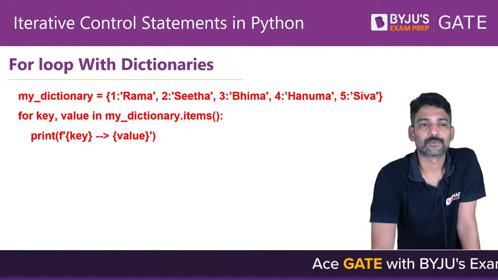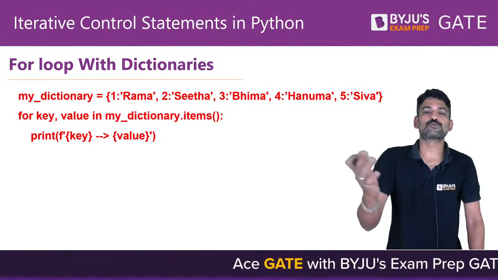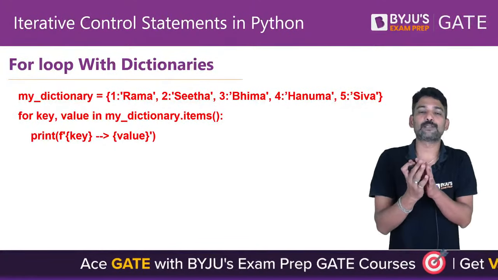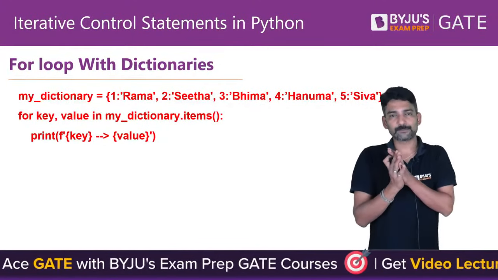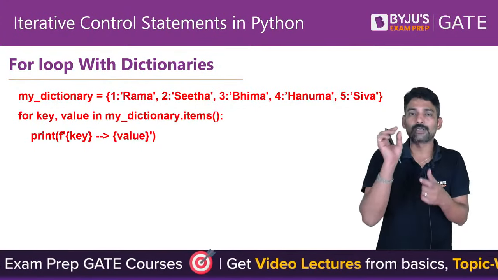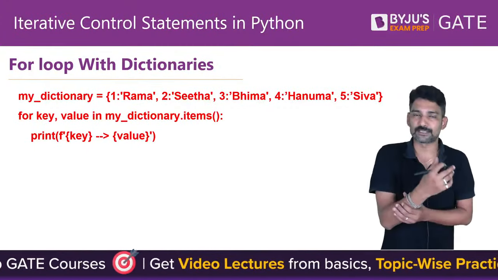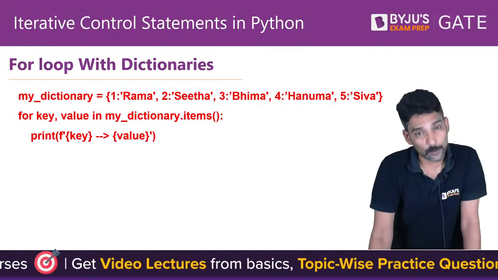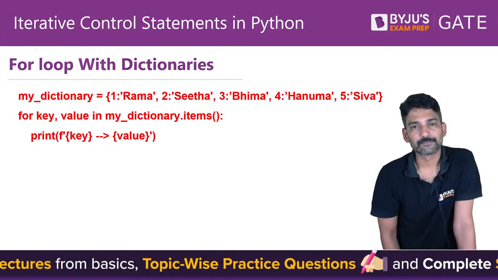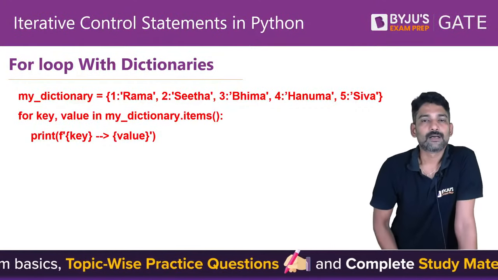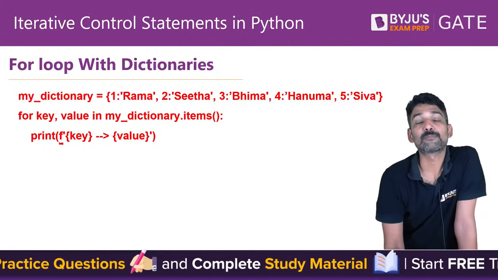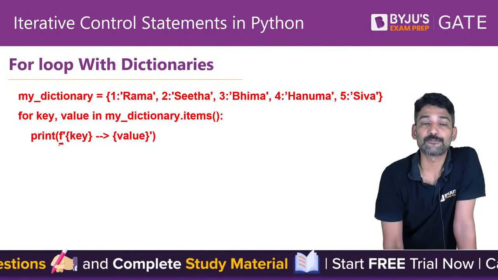Dictionaries. My dictionary: 1 Rama, 2 Sita, 3 Bhima, 4 Hanuma, 5 Shiva. For key comma value in my dictionary dot items. My dictionary is the name of the dictionary and dot items. So here itself you can understand it is an object, as raised by Siddhant in the earlier class. Print the formatted output.